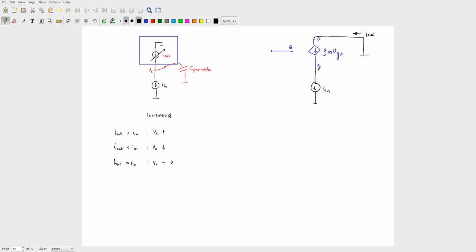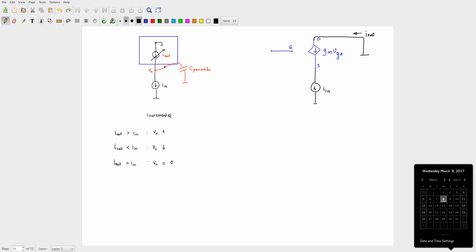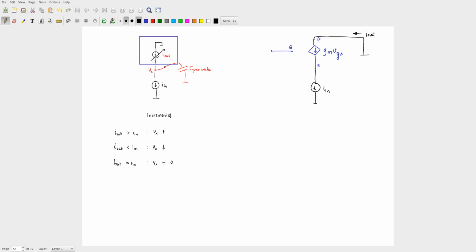Okay, so what should you do? Will this work? I have told you what Vs should be when I out is equal to I in. This controlling element is gm into vgs. Is there any other connection? The device is in saturation. That's why we are able to draw this equivalent circuit. Assume the saturation; we will take care of it when we draw the bias circuit. My question is, is there something I should do to the gate? What should Vg be?